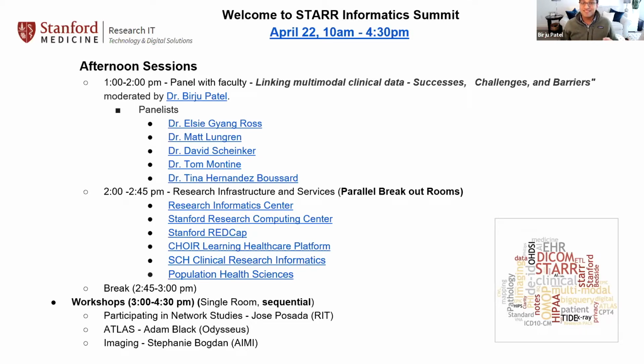Because we want to make some groundbreaking research, right? This idea of precision medicine requires a more granular picture of who the patient is and what's happening to them. And we want to do it here at Stanford because we have the competencies to do big data well. So of all the people to tackle this challenge of connecting all of this data and making meaning from it, we hope that we can do it.